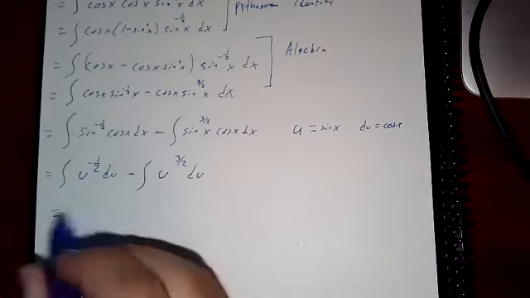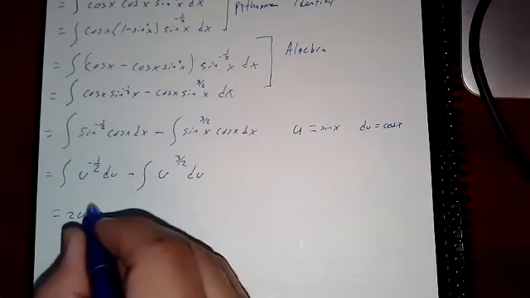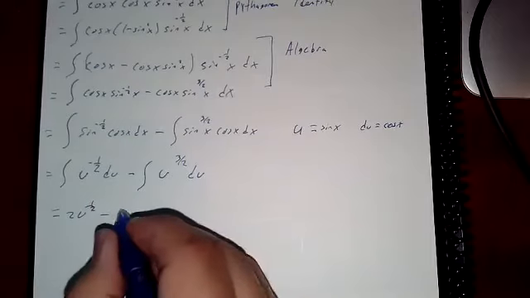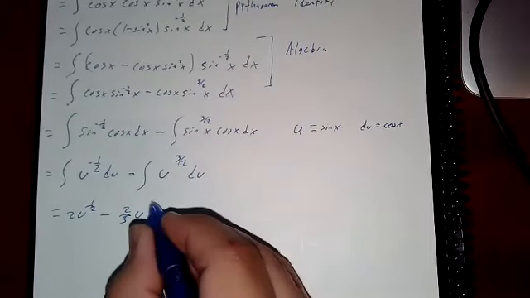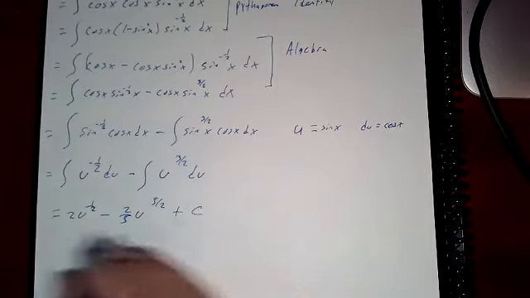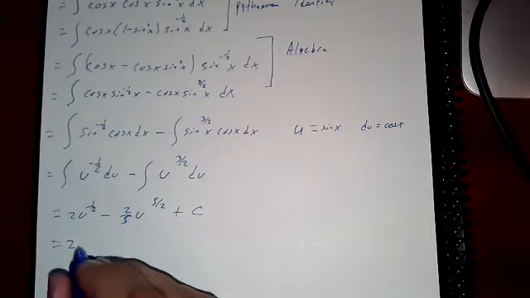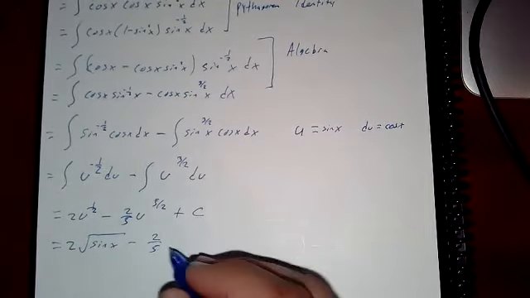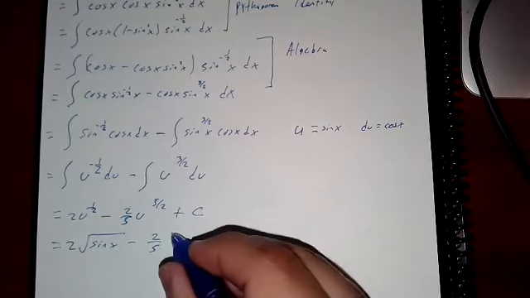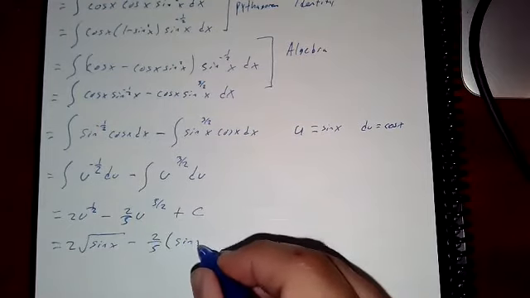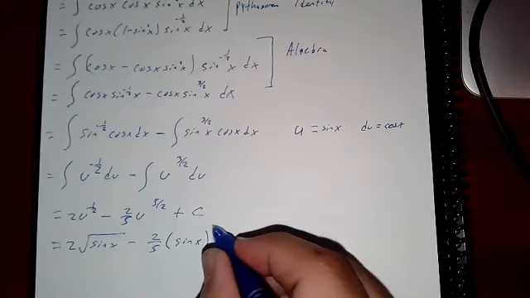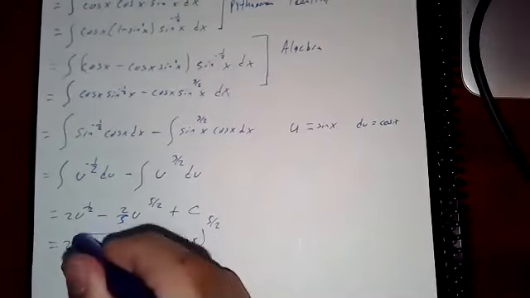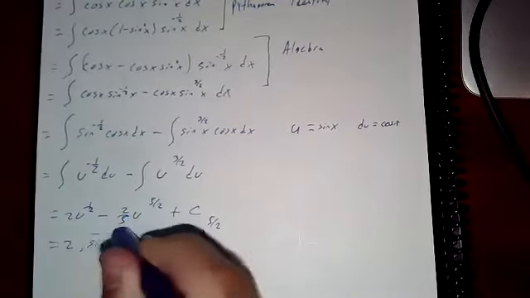Then you integrate this guy, that'll be 2u to the 1/2 minus, and then that would be what, 2/5 u to the 5/2 plus c, which will be 2 square root sine x minus 2/5 sine to the 5/2. You can leave it as half, I guess, instead of being weird. Doesn't matter.